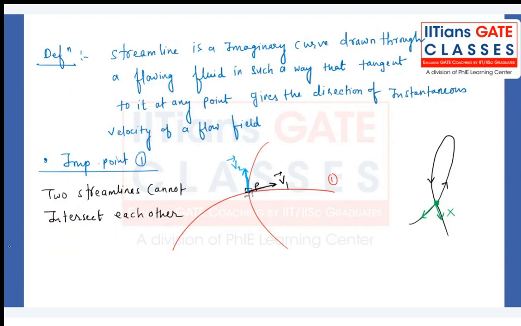We define it only in a continuous manner. Point number two: a given streamline cannot intersect itself. Make a note of it.